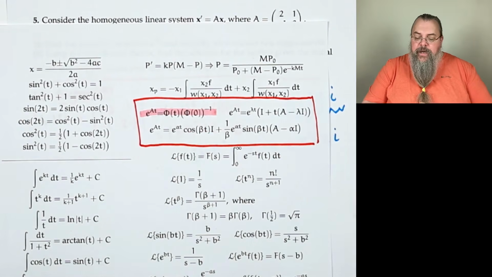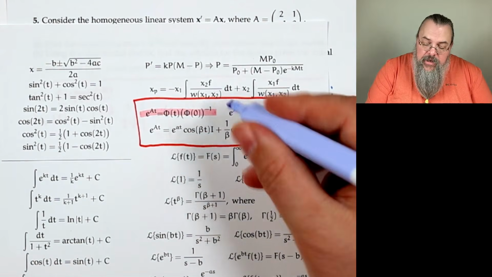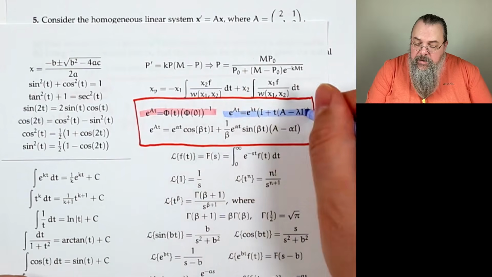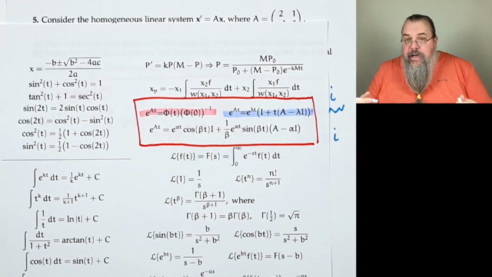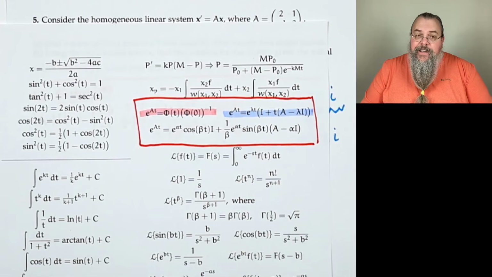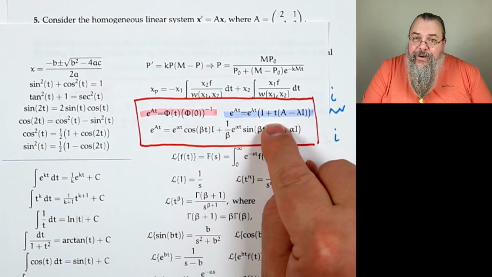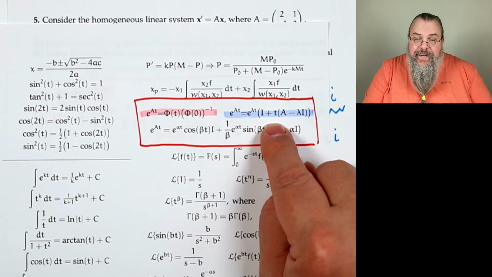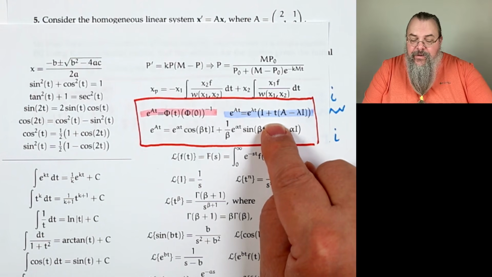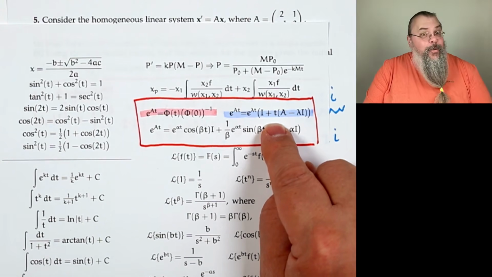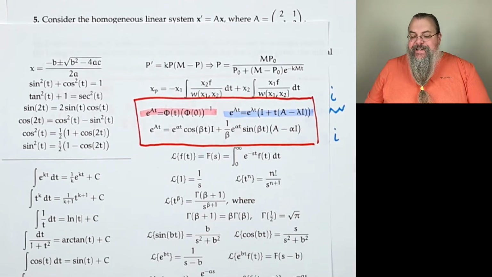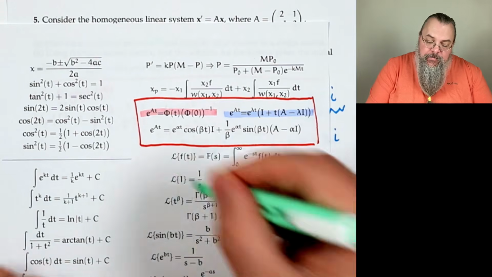Then the next one says e to the at is e to the lambda t times I plus t times a minus lambda I. This is the one we pull out if we have repeated eigenvalues, like lambda lambda. We don't have that. And then there's the third one.